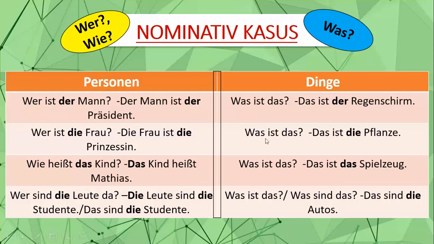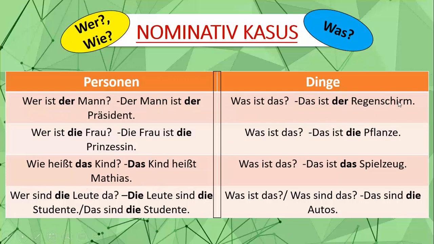For things, we use the question was. Was ist das? Das ist der Regenschirm. That is the umbrella. And note that das is not only the definite article for a neutral noun in German, but das also means those and that.